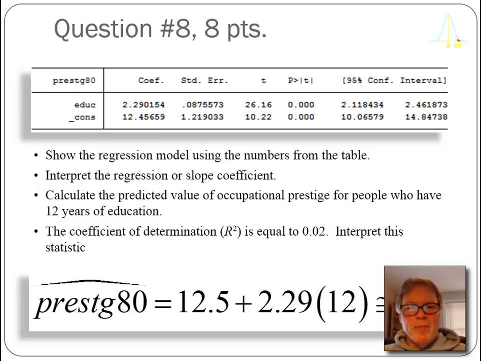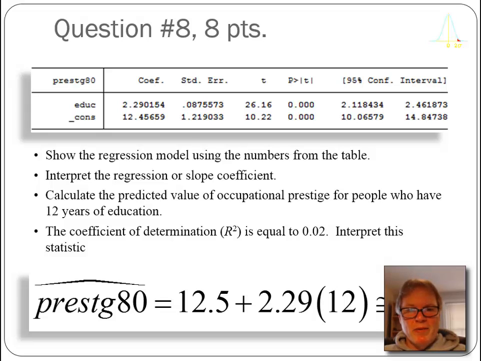There's a certain amount of variability among occupational prestige. Education is correlated with prestige and explains some of that variability. Out of the 100%, or out of the total amount of variability of occupational prestige, 0.02 of that, as a proportion, is explained by education.